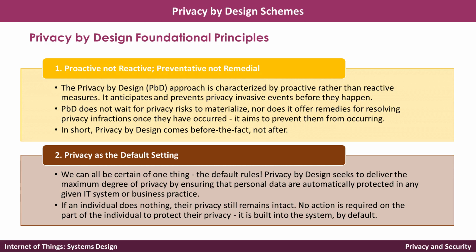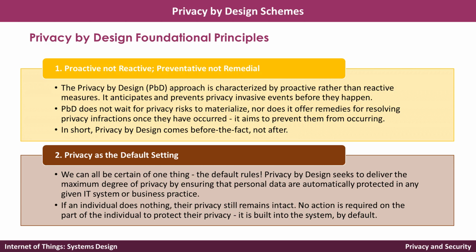The first principle is called proactive, not reactive, and preventative, not remedial. What this means is that when you're developing an IoT system, you should proactively take measures to help users protect their privacy. This could be like forcing them to change the password after initial configuration.